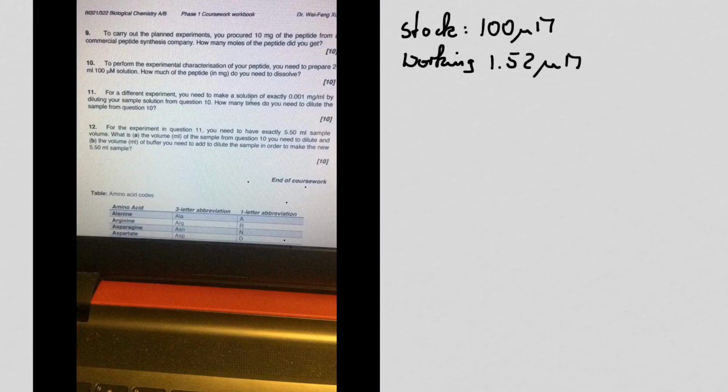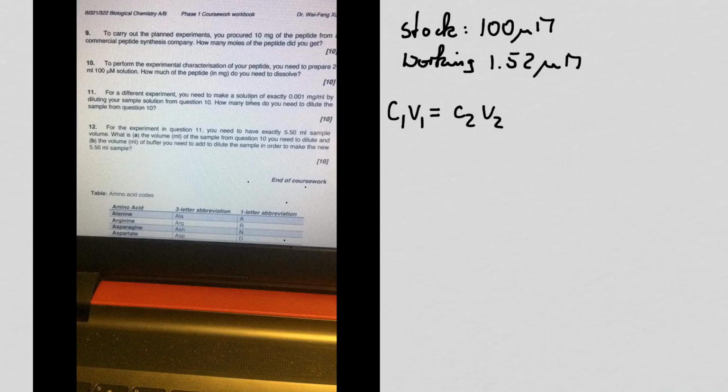So for question 12, this is just simply a dilution of a solution. So we can use the equation C1V1 equals C2V2, and we are looking for the volume that we need from the stock solution.